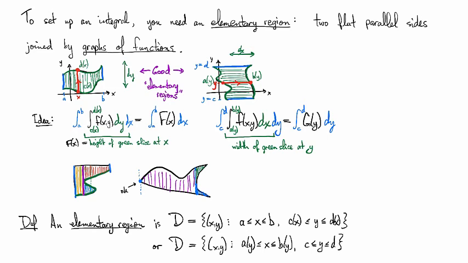So what we saw previously with the example of a double integral over a rectangle is just a case of one that's an elementary region either way, because we've got everything between these flat parallel sides from A to B, and then between this function of x, which is actually just a constant function, so c of x is just c, this is constant, and d of x is just d, this constant right here.